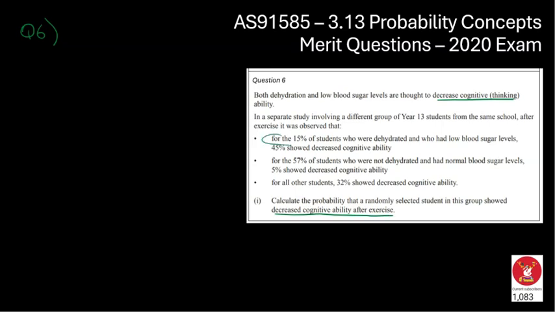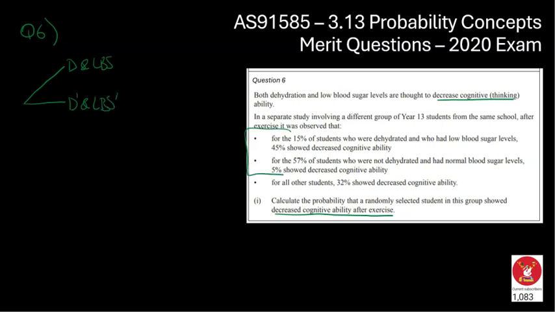The question asks us to calculate the probability that a randomly selected student showed decreased cognitive ability. Because we've now got probabilities, I'm thinking it's going to be a probability tree based on the classification of the students, if they've got dehydration or low blood sugar, etc. So this one was a bit tricky. The first group of people could have been the people who are dehydrated and with low blood sugar, and the second group could have been people not dehydrated and not low blood sugar.